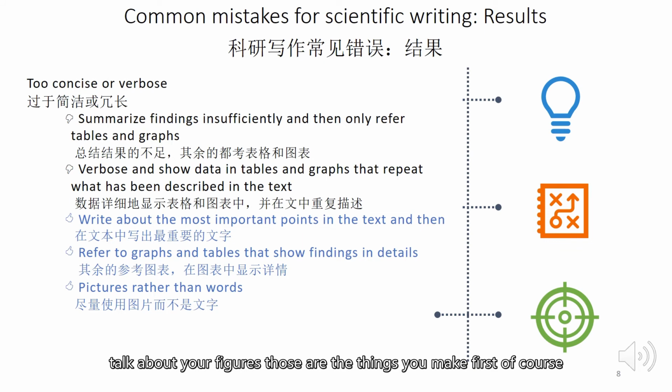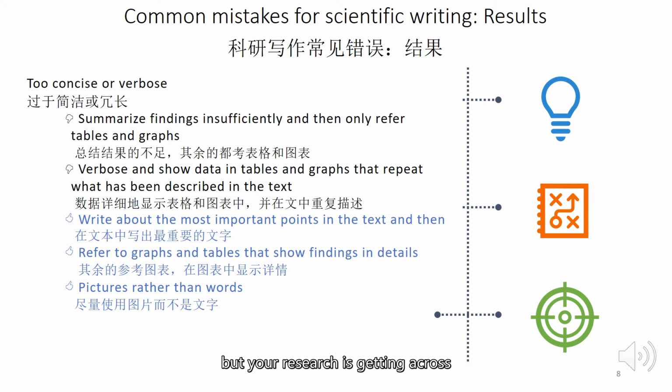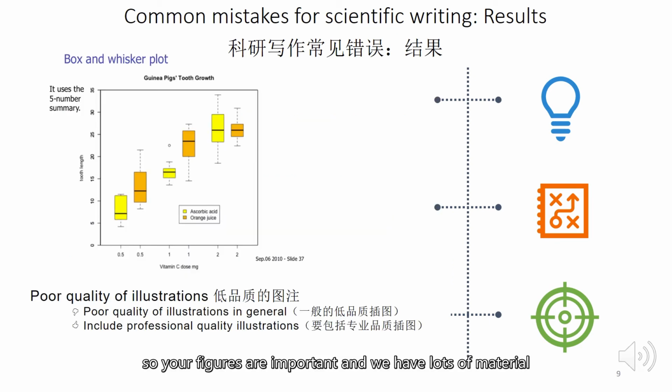Talk about your figures. Those are the things you make first, of course, in the writing process, but make sure the reader is able to understand what your research shows. What's the key message that your research is getting across? So your figures are important, and we have lots of material.